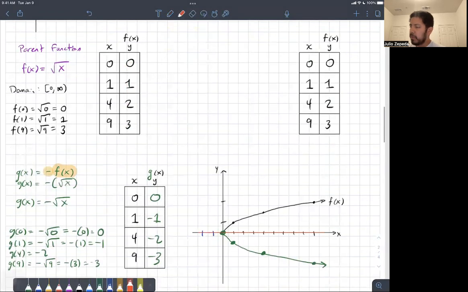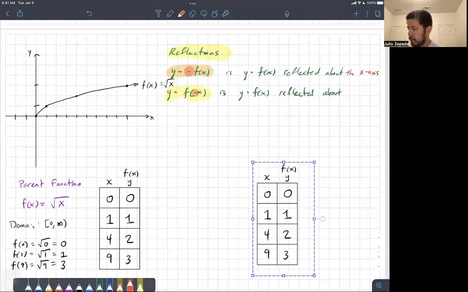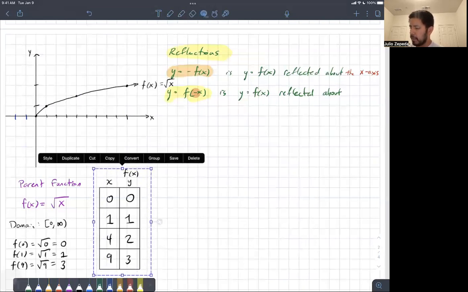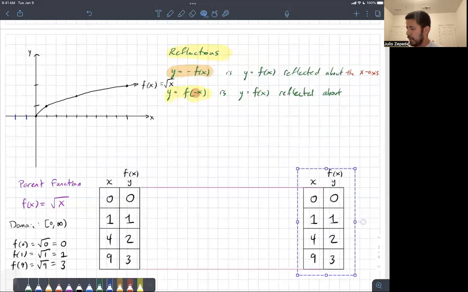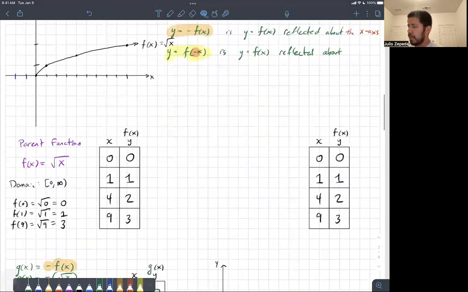But now that we're going to apply the negative on the inside, it's going to have an effect on the x values.